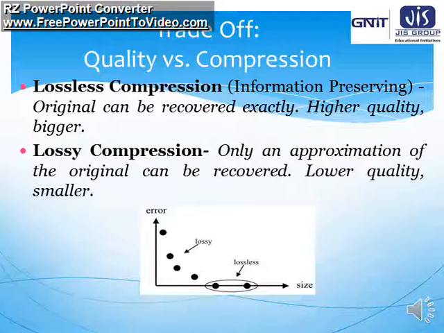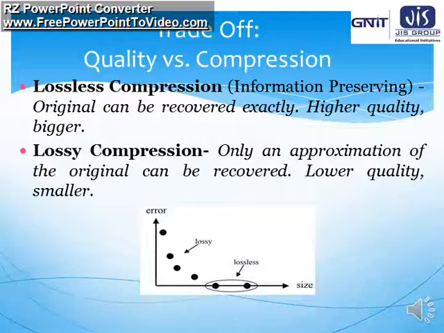Lossless compression is also known as information preserving, where the original can be recovered exactly, with higher quality and bigger size. Whereas for lossy compression, only an approximation of the original image can be recovered, with lower quality and smaller size. So for the size, lossless compression is bigger and lossy compression is smaller.